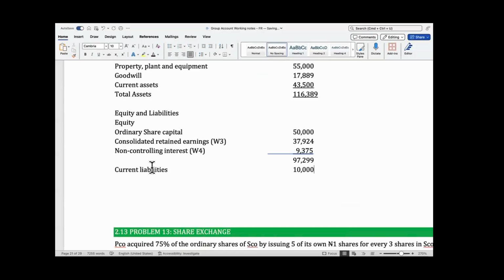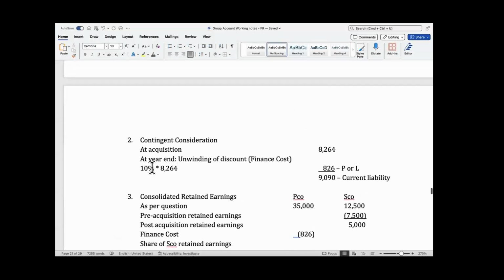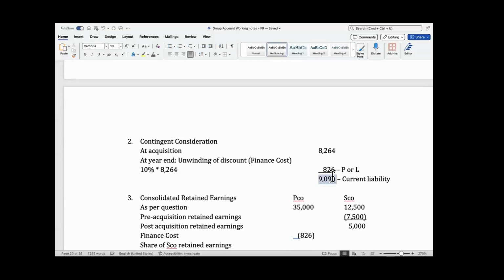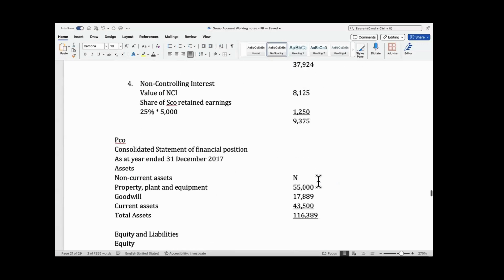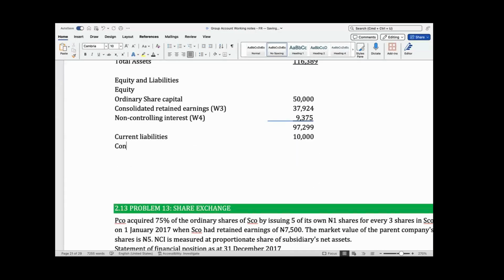So there's something you might forget, which is this contingent consideration. You might forget to put it under your current liabilities. Please don't forget it. Contingent consideration, 9,090.